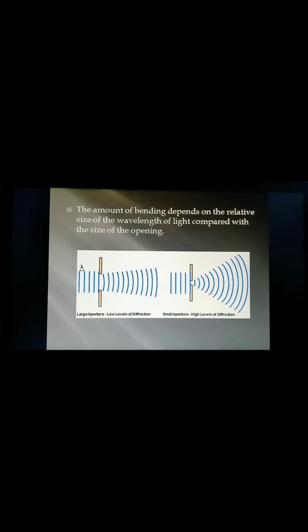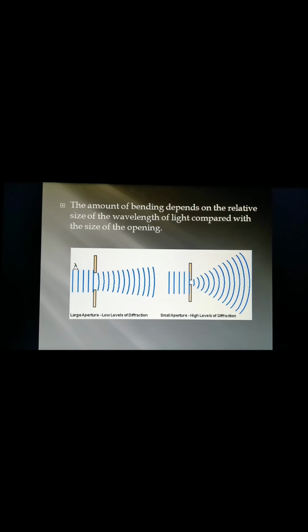So here I have mentioned the dependence of the bending of light on the size of the wavelength of light compared with the size of the opening. So what is the opening there? Basically the opening is the slit width. Suppose the slit width is d. When lambda is comparable to d, what is lambda? Lambda is the wavelength of the light.